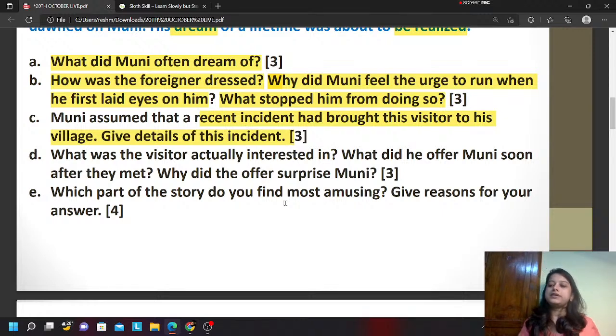Start typing. Send it to me. Page 58 last portion and page 59 first portion.